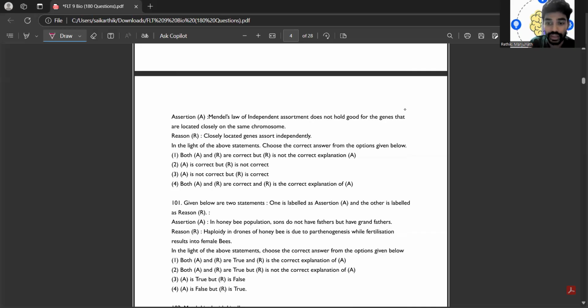Here the reason is not correct, because genes closely located on the same chromosome do not assort independently. Instead, they are linked and tend to inherit together, right? This means that the presence of one gene affects the inheritance of the other gene. So option 2: A is correct, but R is incorrect.